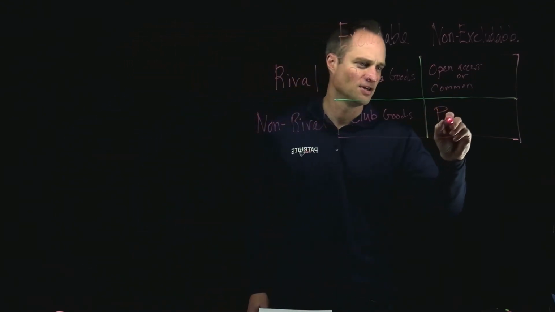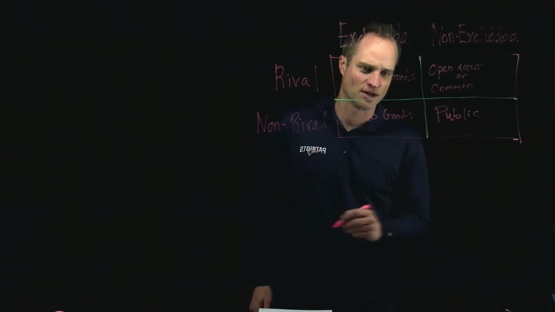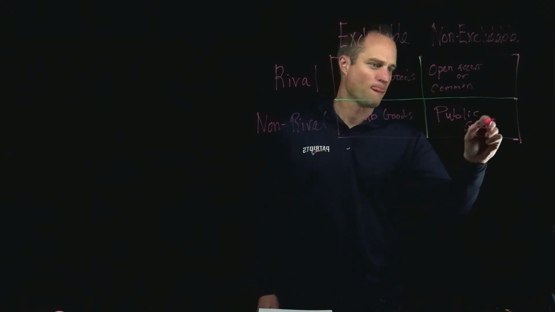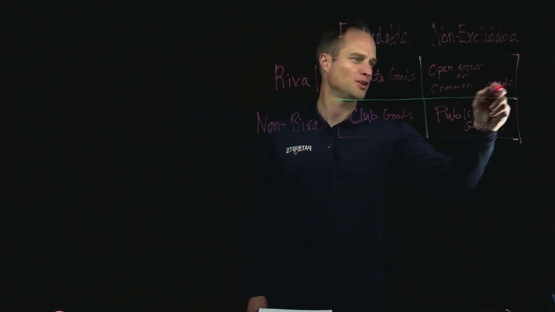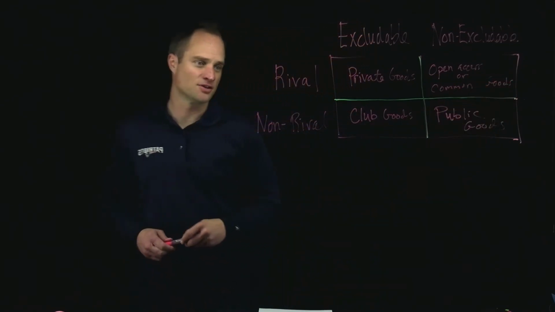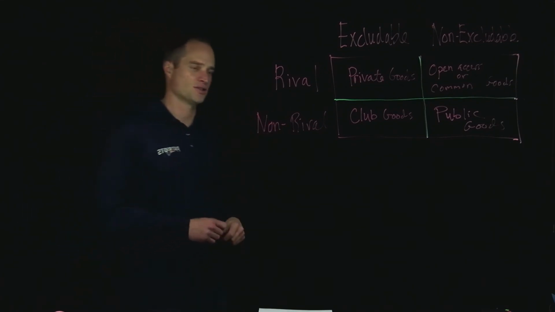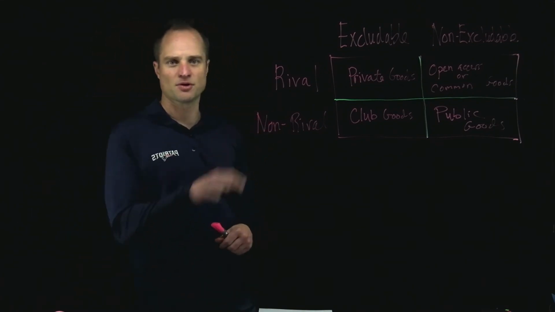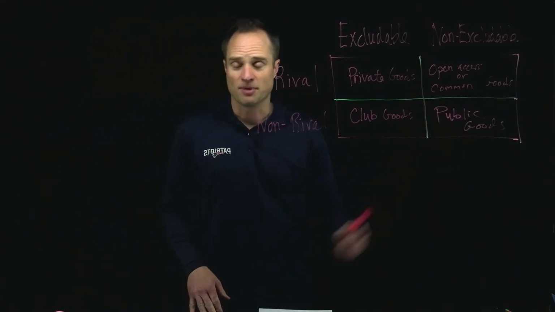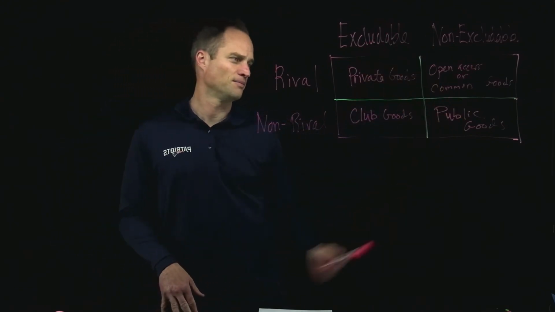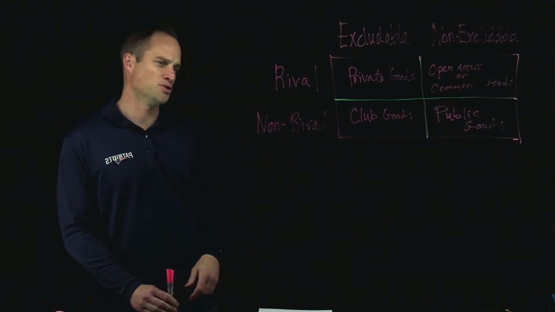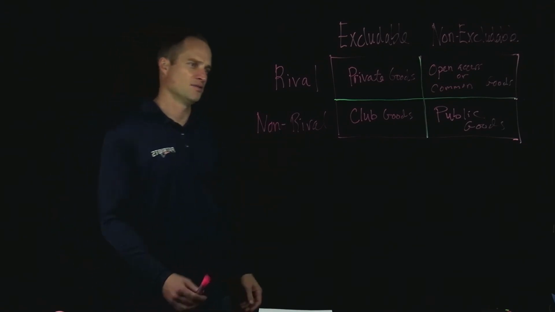And then the final situation here are these public goods. We'll pop goods in here just to be consistent. And these are things that are non-rival and non-excludable. So back to public radio, that's a public good, okay? Both can't be excluded from enjoying it and non-rival.